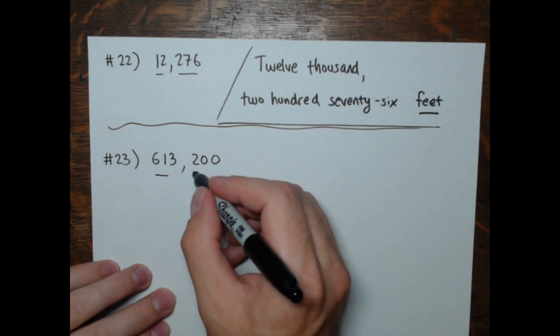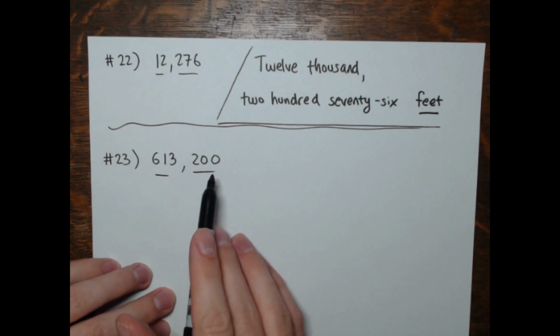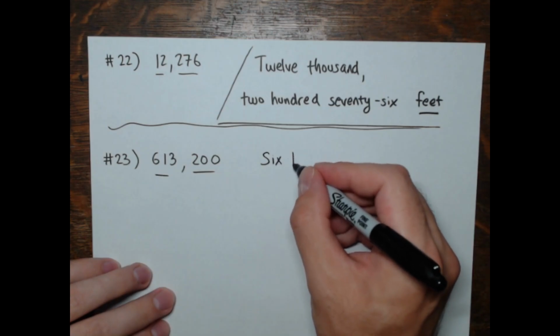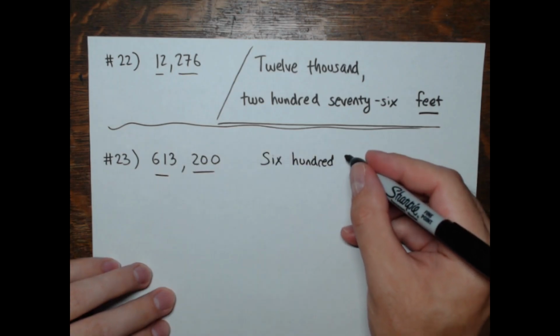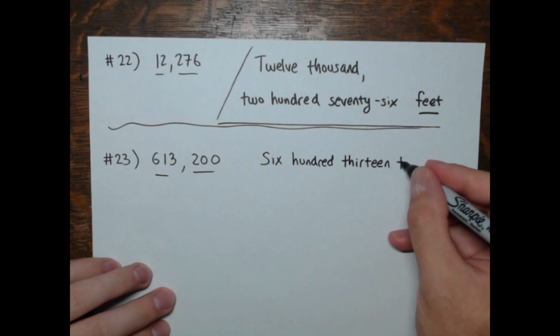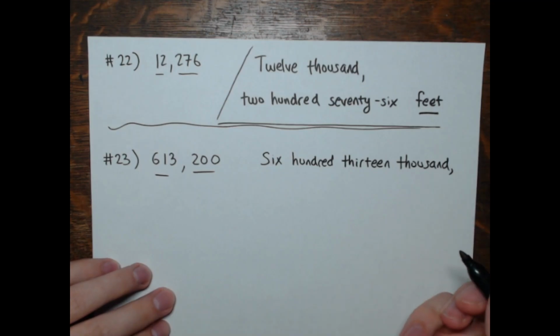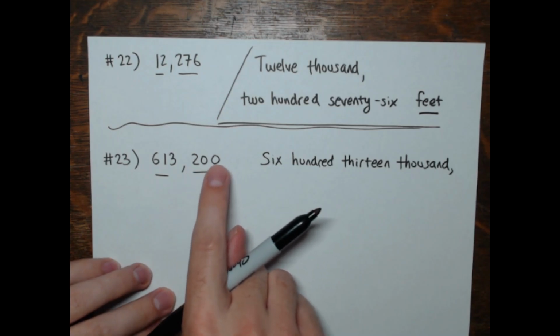Once again, there's still just the two periods, thousands, ones. So this is 613,000, comma. And then the ones is just 200 and no tens, no ones. So just 200.